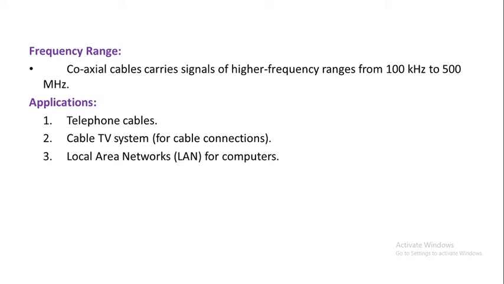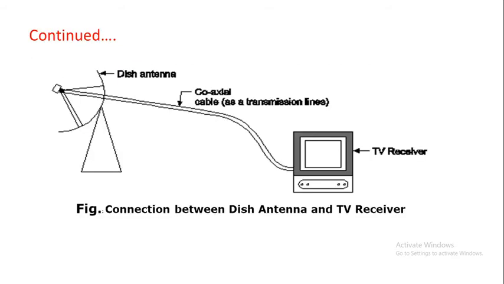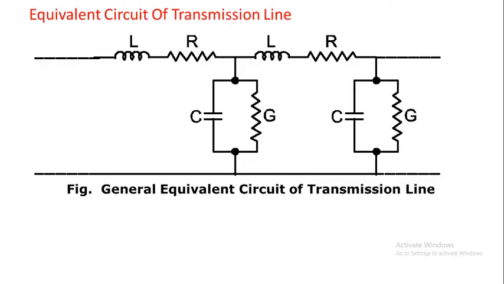For the coaxial cable, the frequencies range from 100 kilohertz to 500 megahertz. Coaxial cables can be used for telephone cables, cable TV, and LAN for computers. In our day-to-day life, when you connect the dish antenna to our TV receiver, the wire used in between is a coaxial cable.